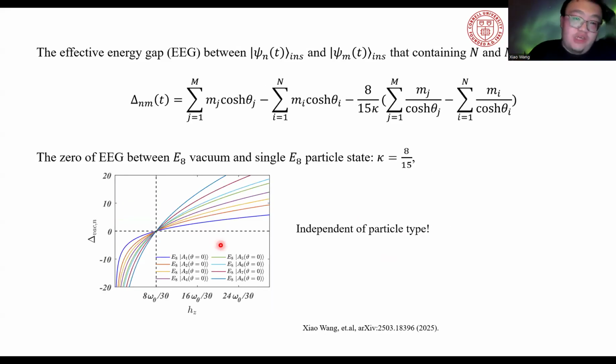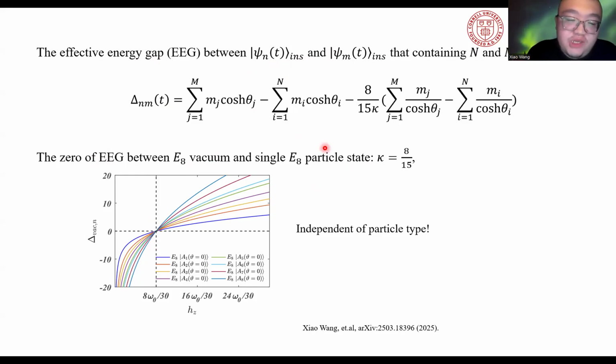We can even solve the effective energy gap, which is given by the difference from the instantaneous energy gap together with this quantum geometrical potential. So after you solve this delta Nm, you will find some very interesting conclusion. First of all, if we set one of the quantum states being the many-particle eigenstates of the quantum Ising integral model, and the other eigenstate being the vacuum of the quantum Ising integral model, then the zeros of the effective energy gap between these two actually share the same zero point.